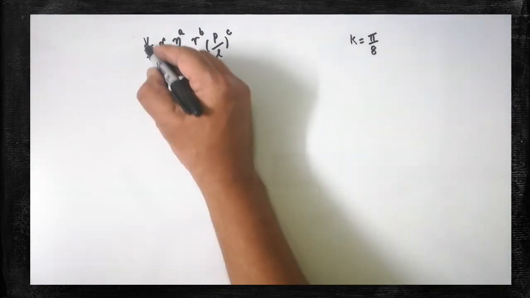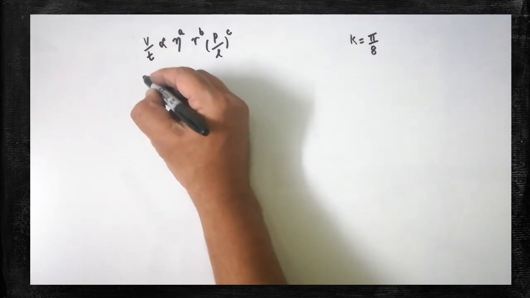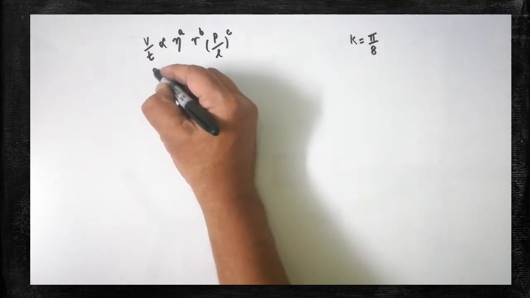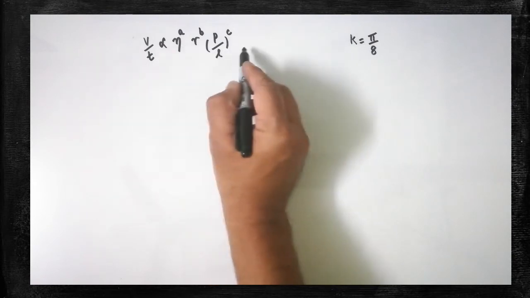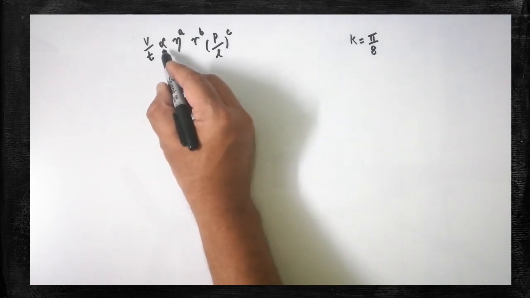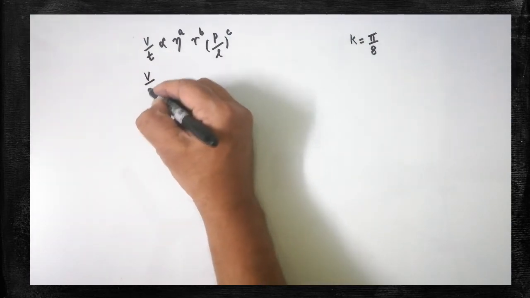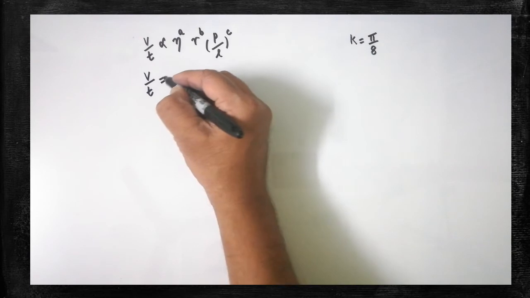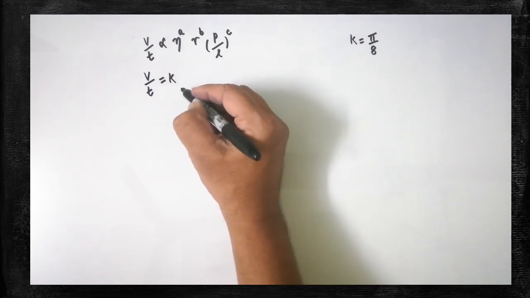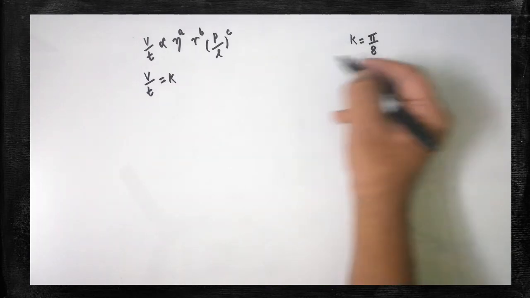Understood? Here V by T, its dimensional formula is already known. Now we can write the dimensional formula of all the factors. Now we can introduce a constant here. V by T is equal to, there we can introduce a constant called K. Its value is pi by 8.